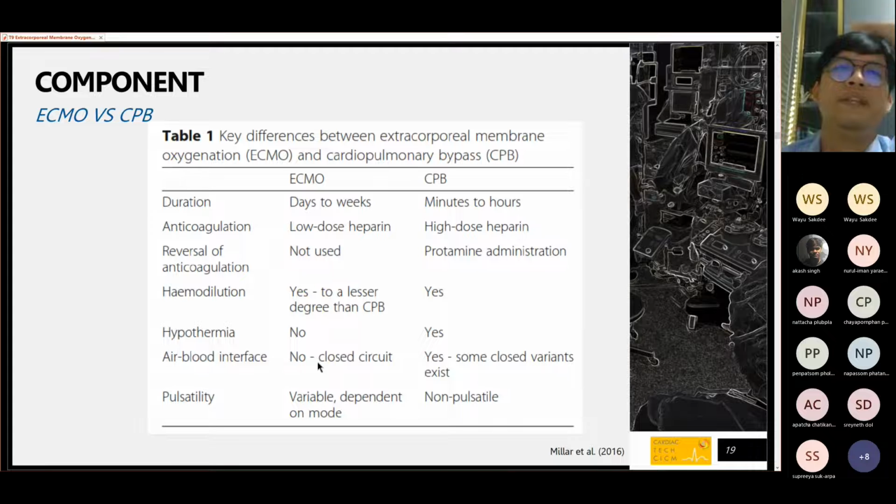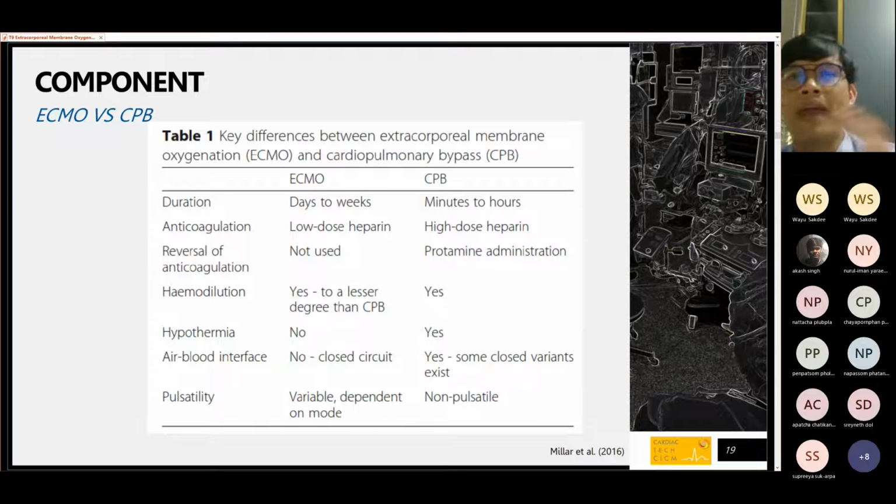In ECMO there is no need for a venous reservoir, so all the circuits connect together and no part is exposed to air. So this is the closed circuit.